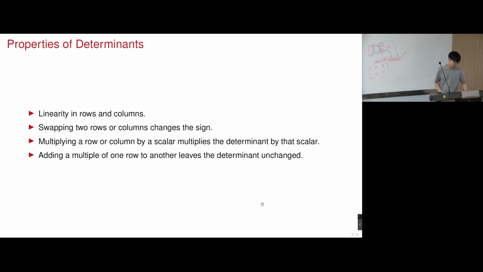Just like how we did Gaussian elimination, where we multiplied one row and added it to another, suppose that for AB, I multiply them by 2, so I get 2A, 2B, and I add this onto the second row. So I get 2A plus C and 2B plus D. So basically I multiplied the first row by 2 and added it to the second row. So what's the determinant of this?